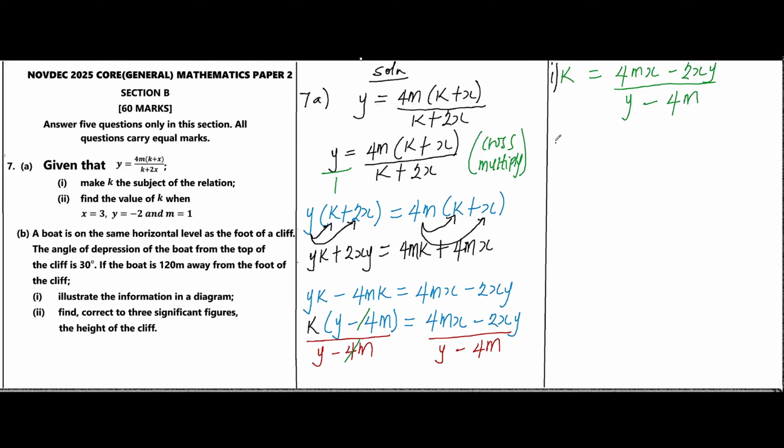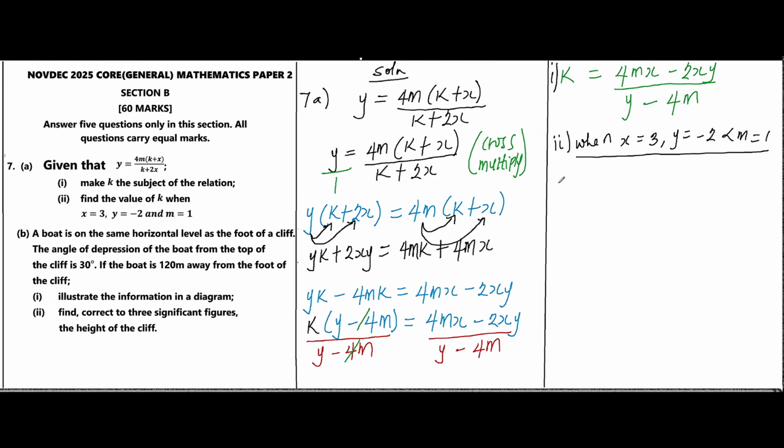Now II. We are to find the value of k when x is 3, y is -2, and m is 1. So we are just going to substitute these values into the equation.